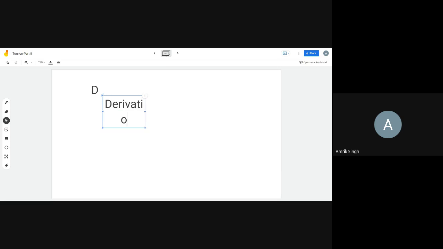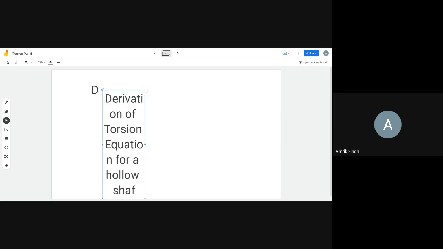Derivation of torsion equation for a hollow shaft.